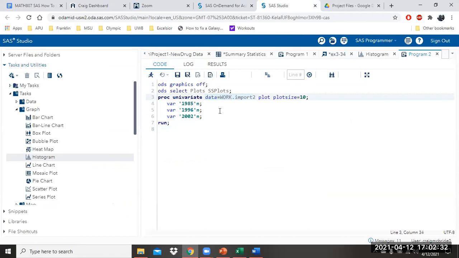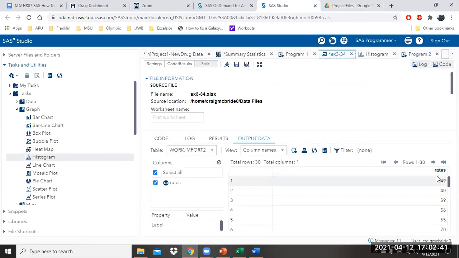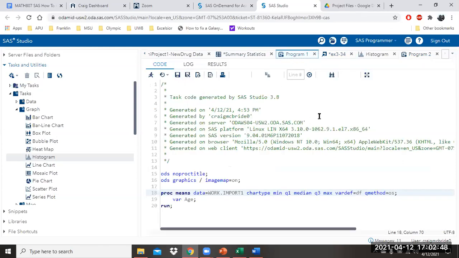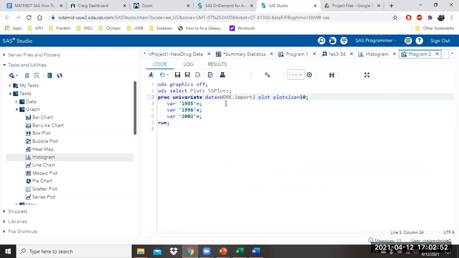The next thing I obviously need to change is my variable names, right? Because I'm no longer using the year data that we had for question 3.10. The variable here is just rates. Then this needs to be changed to rates. And I can get rid of all of this.